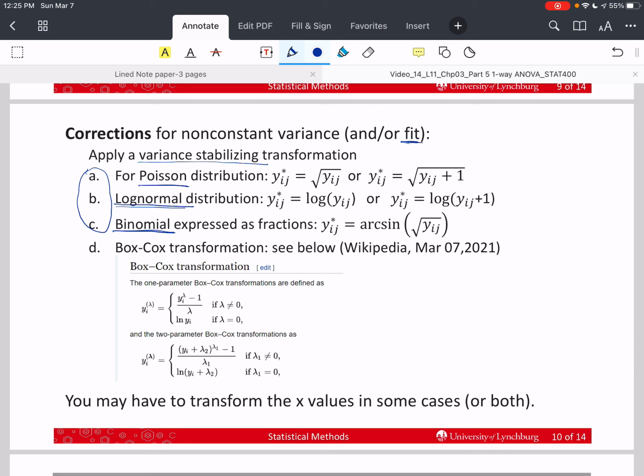Okay, the binomial, we usually make a logistic regression, so that's a special case of binomial, and we could use this transformation. So we've given the transformations. Just why do I have a +1 here? Well, because the log of 0 doesn't exist.